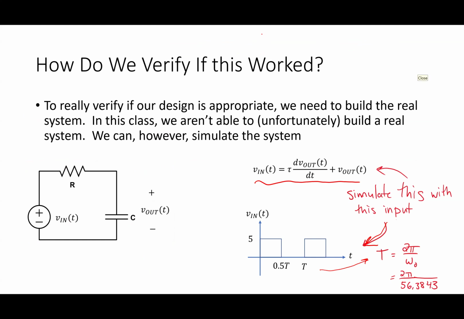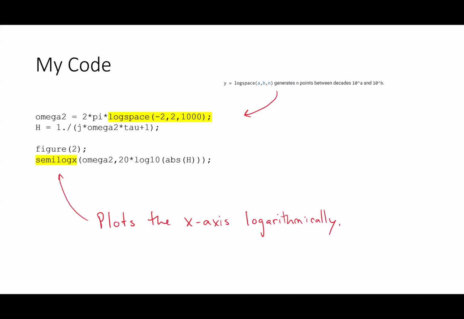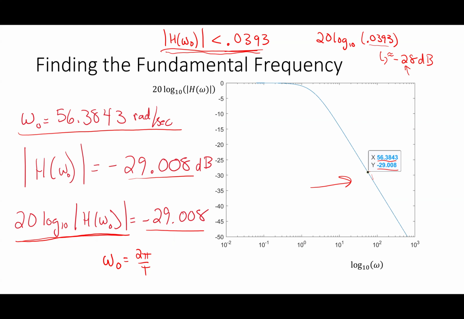The thing that I mentioned before, the question about semilogx. It's a good question. What it does is make sure that the x-axis is plotted logarithmically. When I look at this graph, these points go from 10 to the minus 2, 10 to the minus 1, 10 to the 0, 10 to the 1, 10 to the 2, 10 to the 3.